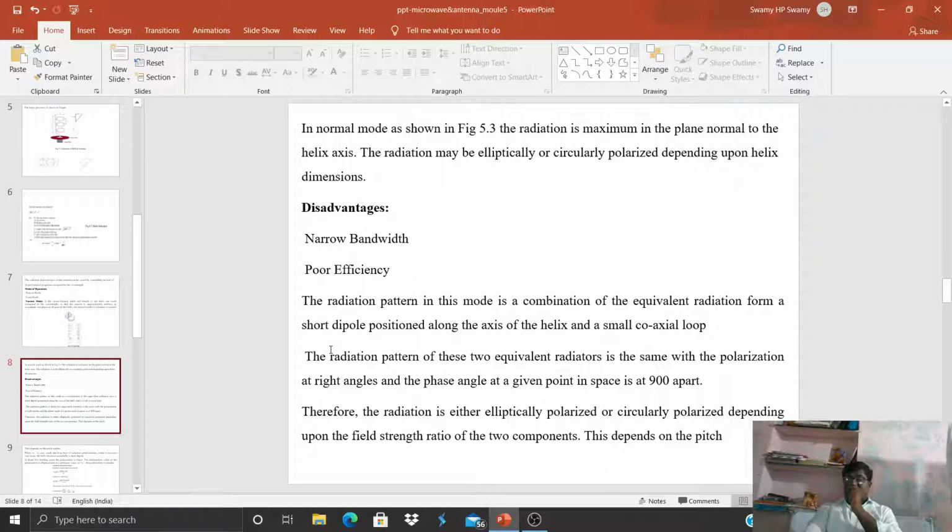What are the advantages and disadvantages of this helical antenna? Narrow bandwidth and poor efficiency are the disadvantages.